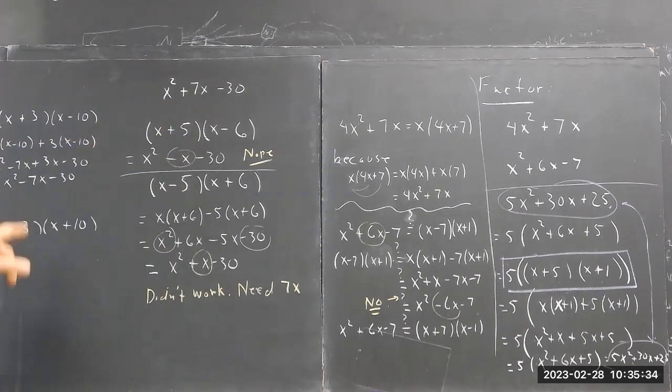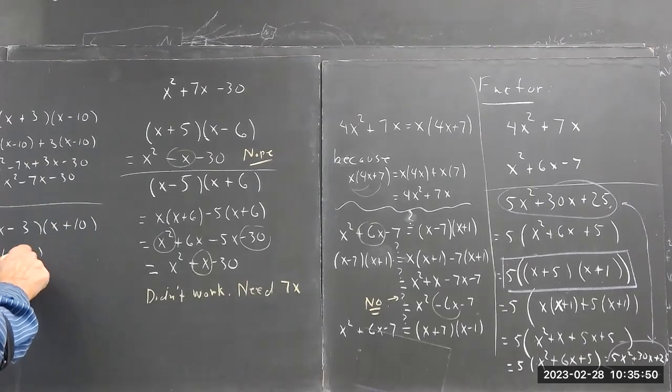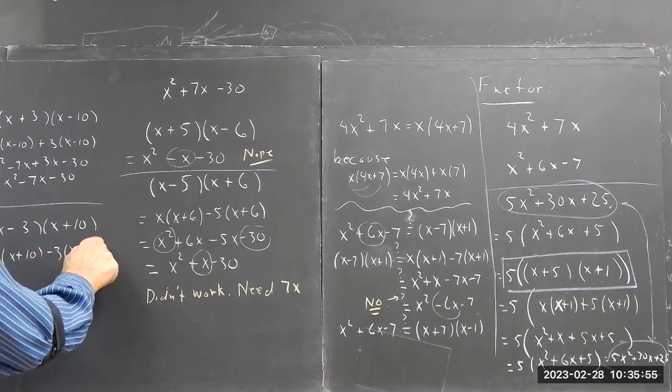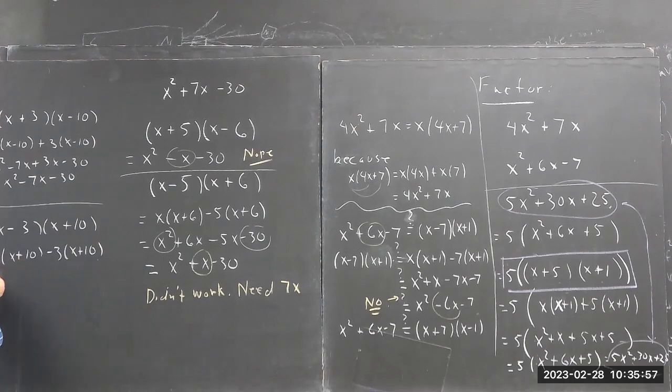Well, you fix that by putting the 3 here with the minus and the 10 here. You got a negative here. Well, you see how we generalize that. So we have x times x plus 10 minus 3 times x plus 10.